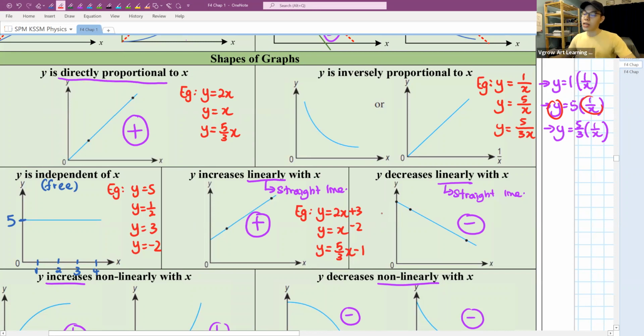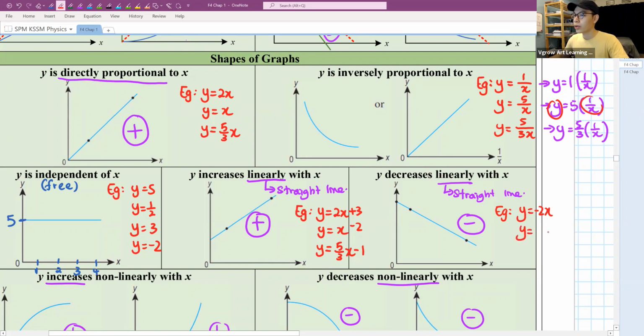We use the word linear whenever it doesn't pass through 0. So decreases linearly, like what you say, is correct. If we have something that goes down, like y equals negative 2x, that is considered decreased linearly already.